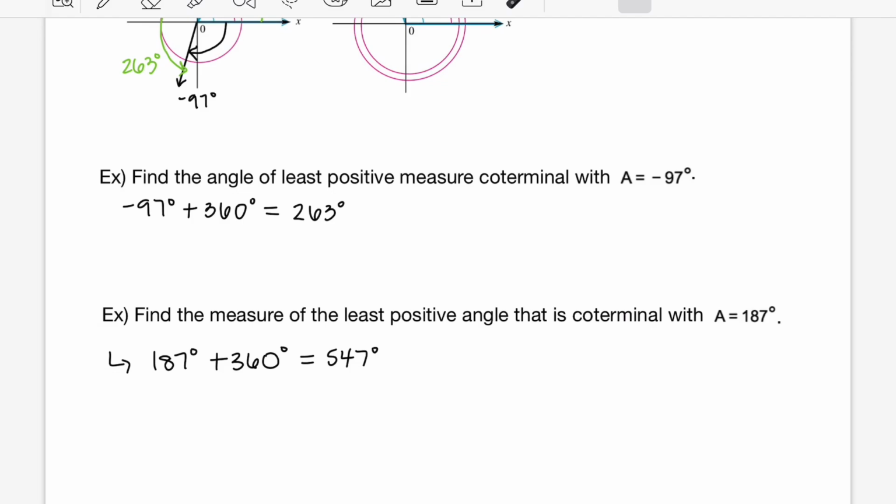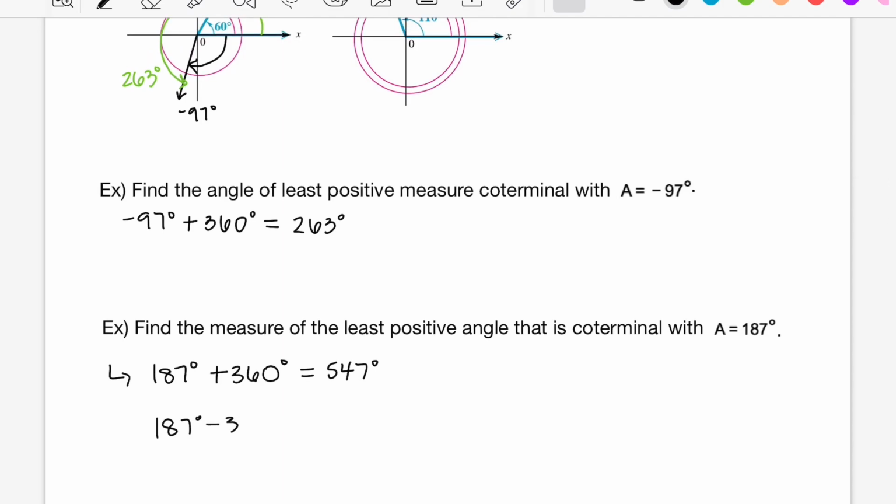Doing so, we'll still get a coterminal angle to 187 because they just have to differ by a multiple of 360 degrees. So if we were to do 187 minus 360 degrees instead, we would in fact get a coterminal angle, negative 173 degrees. However, we were looking for the least positive angle in this case. So this is not going to be an option. Our answer will be 547 degrees here.